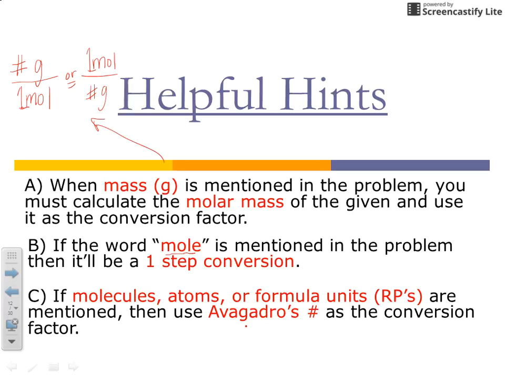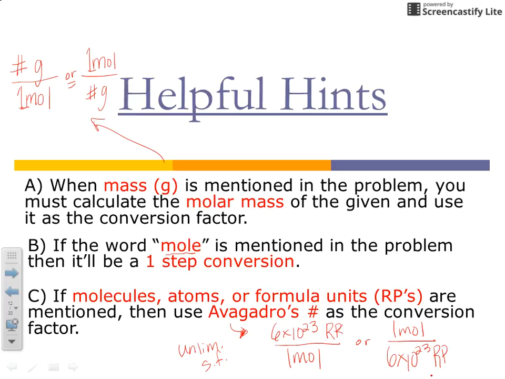Remember, you don't have to calculate Avogadro's number. It has unlimited sig figs because it's not a calculation, and it will be plugged in as 6 times 10 to the 23rd representative particles over 1 mole. If you need to divide by it, you'll have your 1 mole on top. Take the reciprocal of this, and 6 times 10 to the 23rd representative particles will go on the bottom.